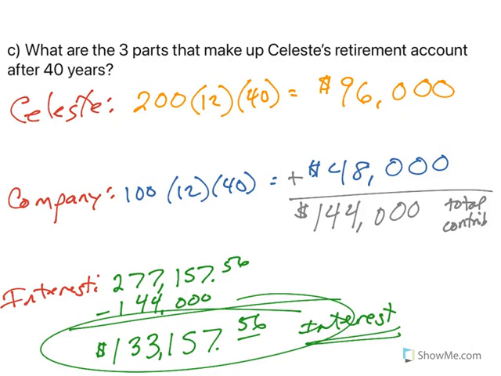So she's earning way more than what she put in in interest, and almost the same amount, not quite, but almost, of total contributions. So really earning a lot of interest over time. If you're thinking about investing, the earlier you can start, and it doesn't matter how much you put in, the better, because that money is just going to keep gaining interest over time.